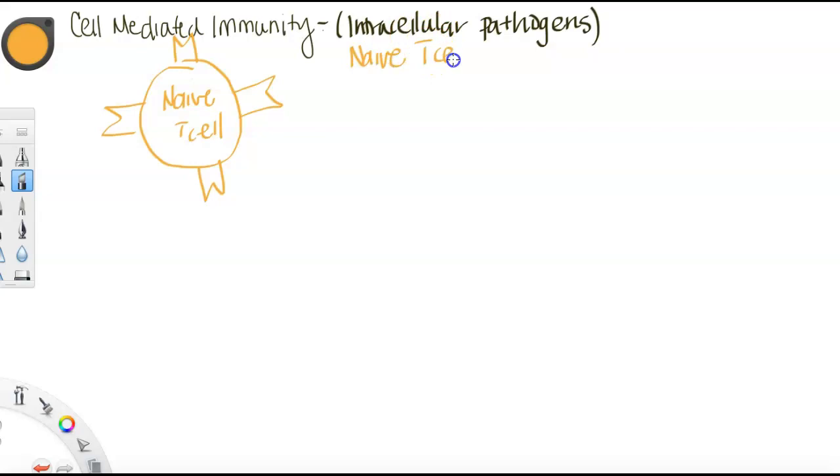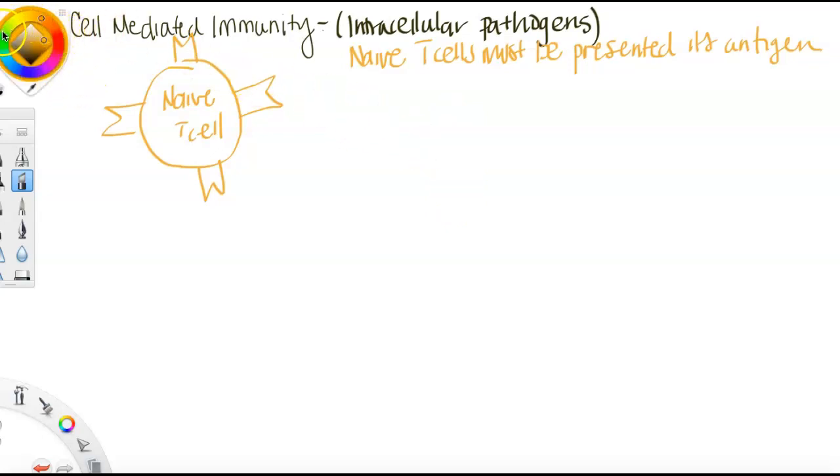So naive T cells must be presented its antigen. They don't see it. If it's floating around, they're blind, they don't see that, okay? So it has to be shown the antigen with an antigen presenter, so an antigen presenting cell.